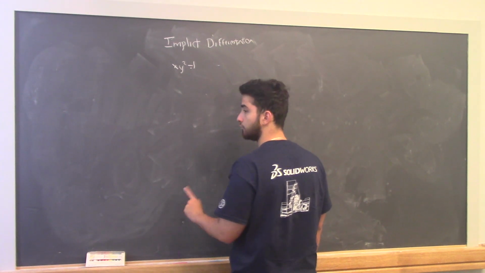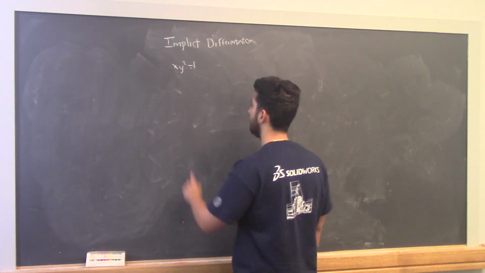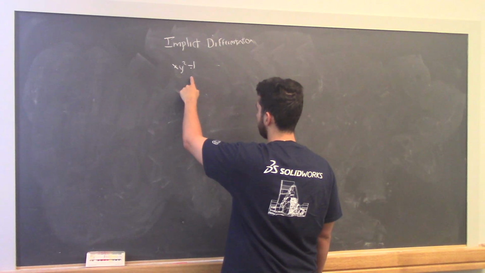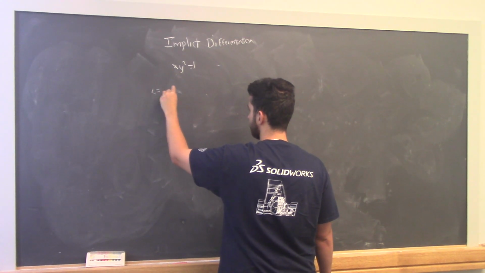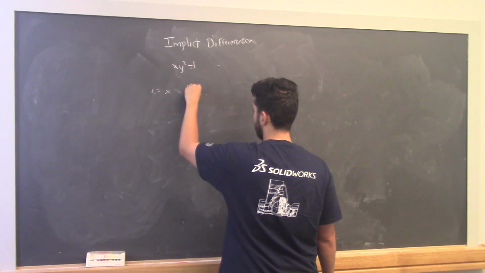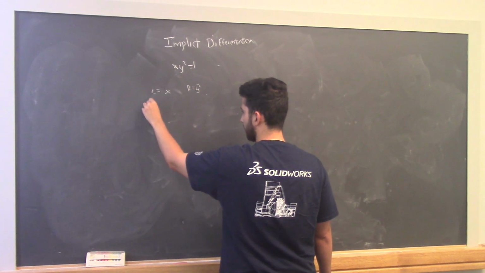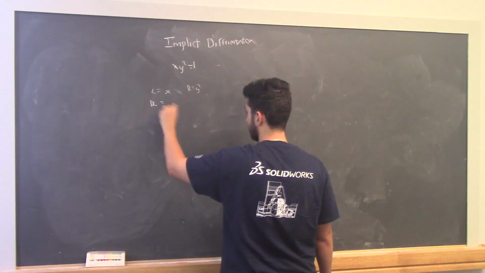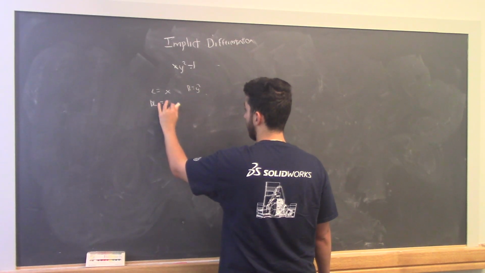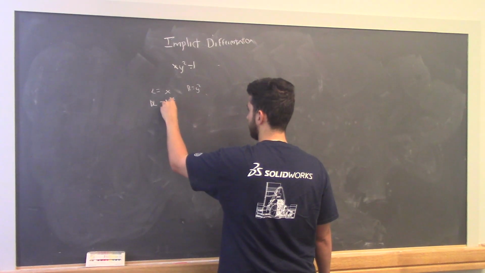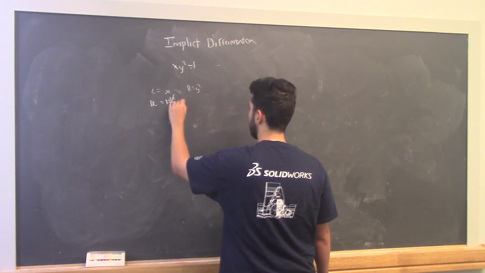The way you do this is you treat everything like a chain rule. So this is obviously a product rule. We're going to have left is x, the right is y squared. Derivative of the left with respect to x, because we're differentiating with respect to x, is just 1 dx over dx, which cancels out.